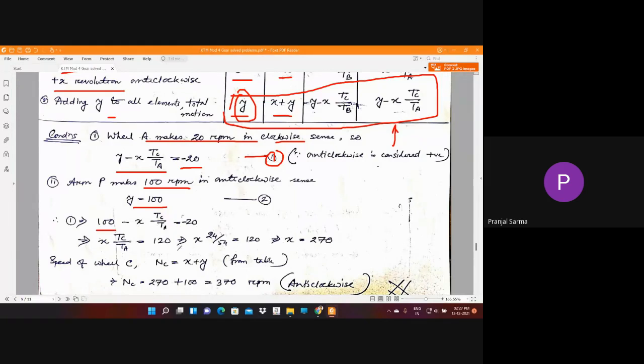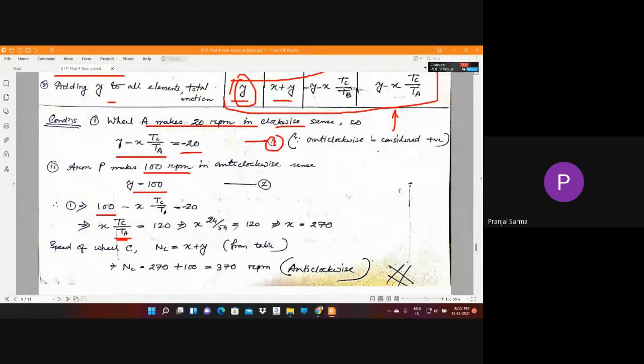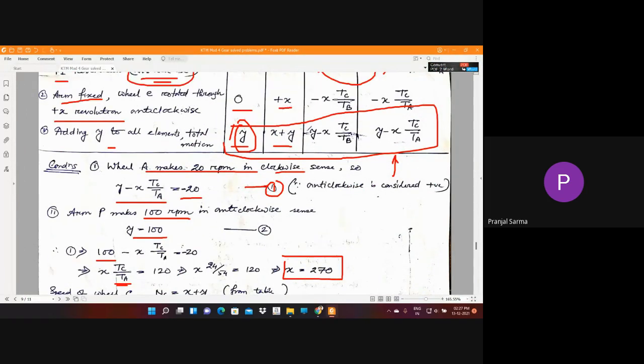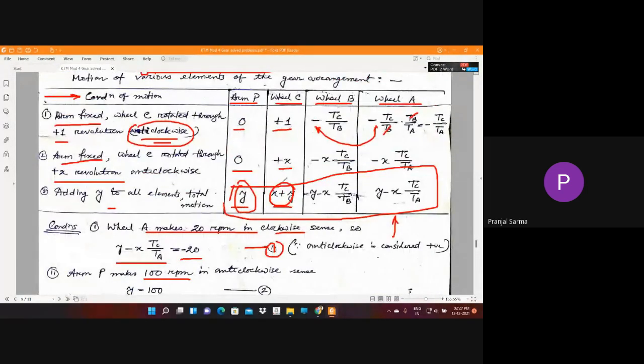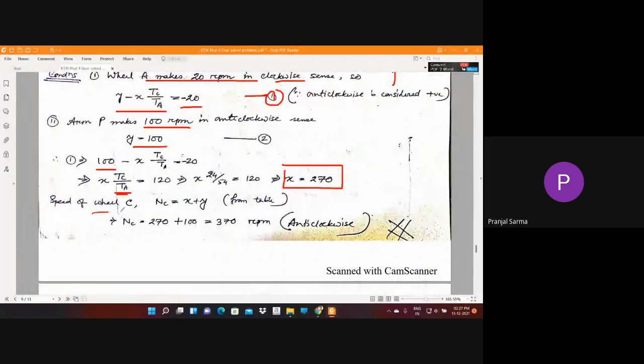From there, Tc by Ta is known because it is given. Ta is given as 54, Tc is given as 24. By putting those values, x is found to be 270. Now in the table, wheel C has the motion x plus y, and the speed of wheel C needs to be found.